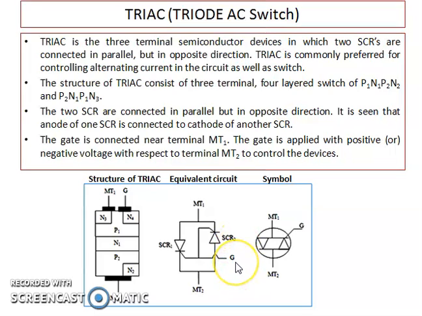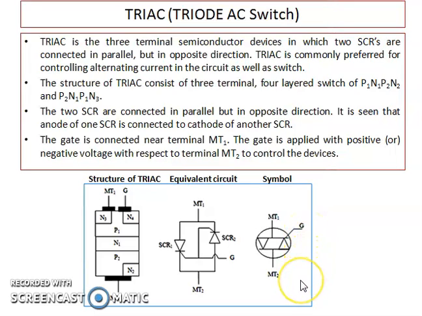Here we find that the gate terminals of both the SCRs are connected and given out as a common terminal. So we have only two main terminals, MT1 and MT2, in addition to the gate terminal. So it is a 3-terminal device.